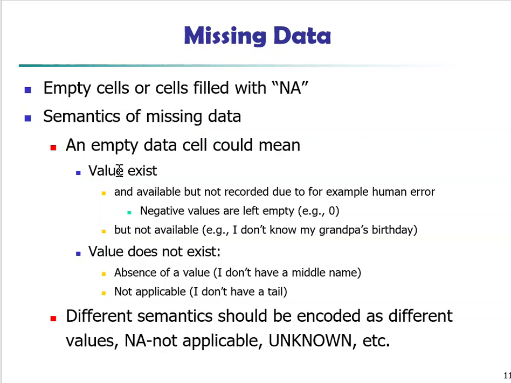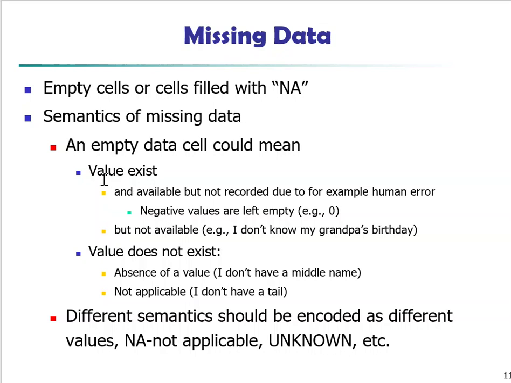When the value exists and is available but is not recorded due to human error, or in some conventions, negative values are left empty, it becomes not available. So this is one type of missing data.